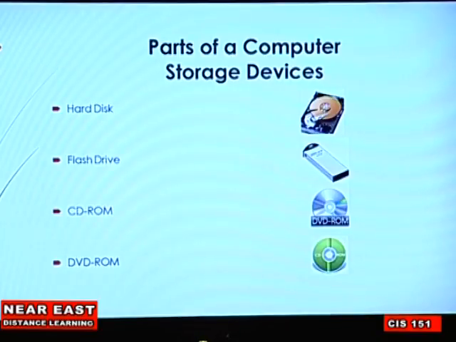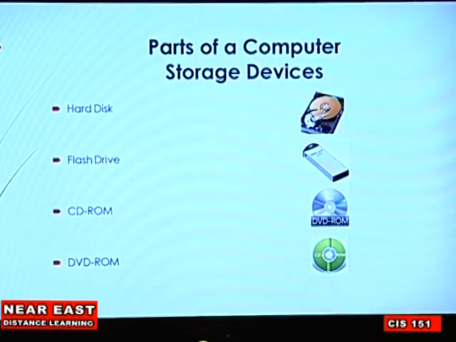Storage devices are also a part of the computer. We can talk about storage devices like hard disk, flash memory, DVD or CD. Hard disk: you can buy an external one nowadays, but the computer must have a hard disk, so you can save your data or your information on that hard disk.